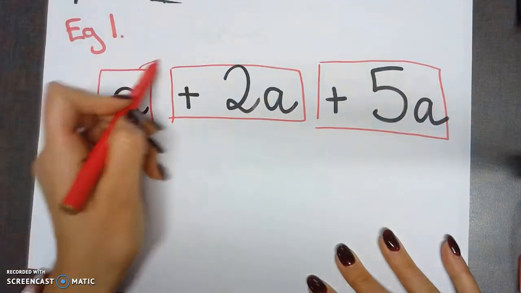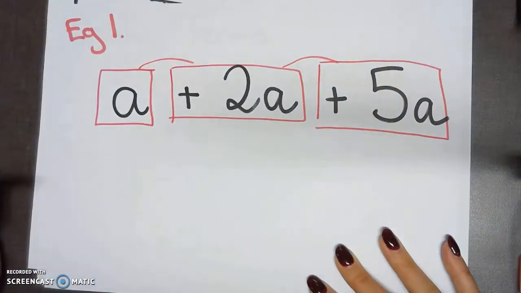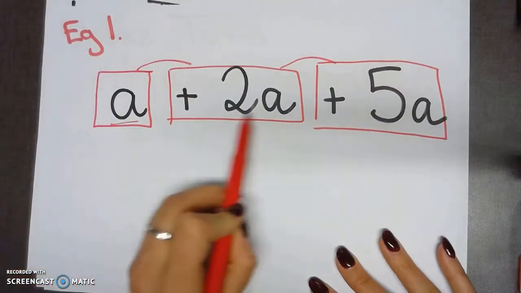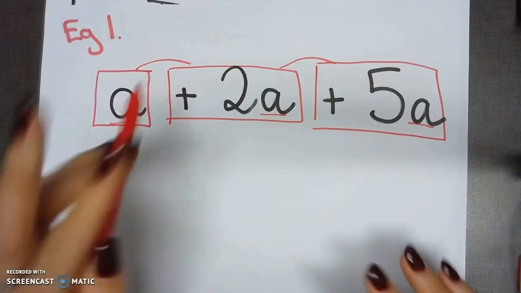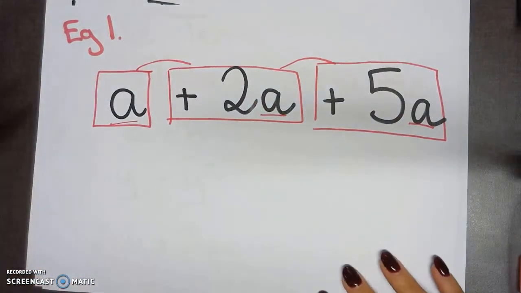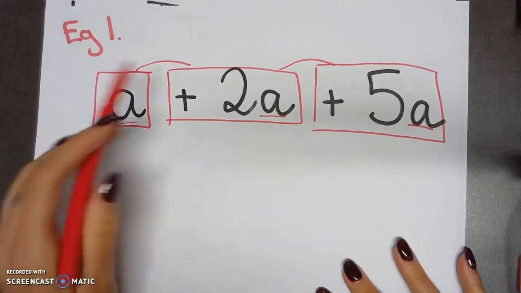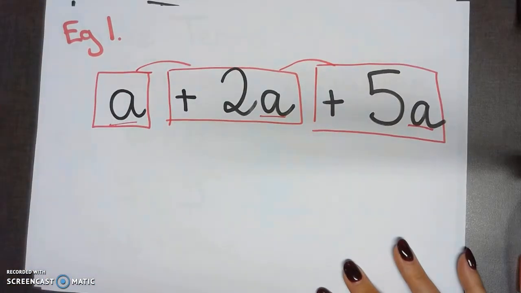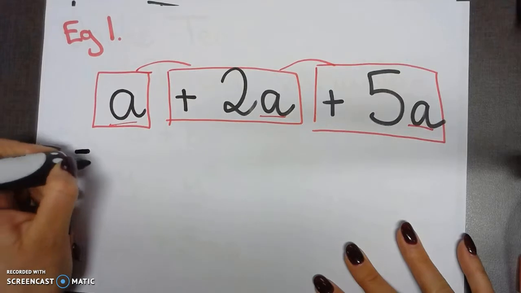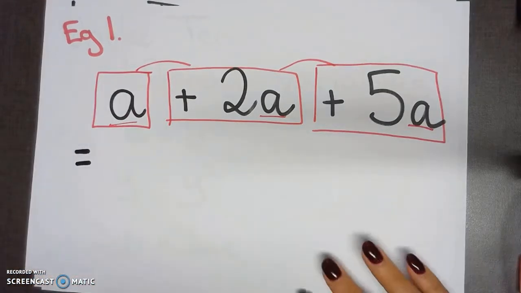I box them up and link them together, in the same colour and the same way, to show that everything in the a family can be brought together because they are like terms.